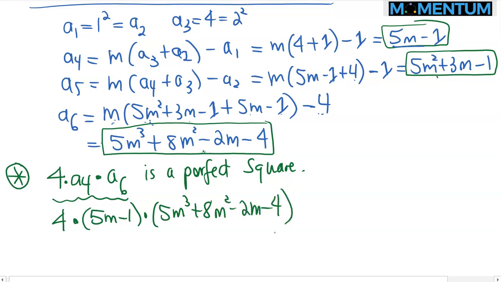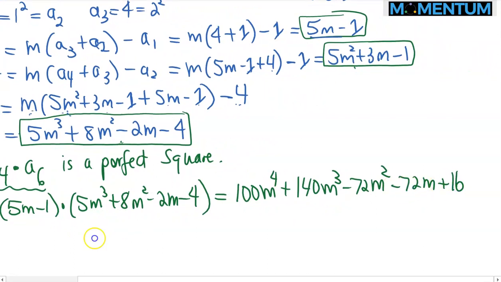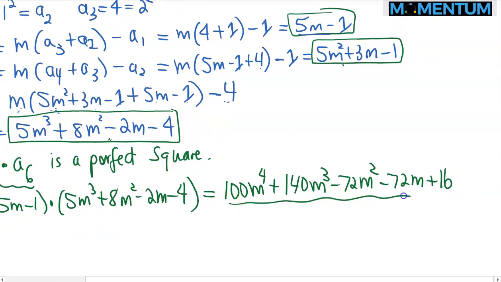And indeed, if you expand it out, don't be lazy, do it. 100m to the 4 plus 140m cubed minus 72m squared, I hope I didn't mess up my calculations here, minus 72m plus 16. So that's what comes out. And this expression is supposed to be a perfect square. Perfect square, right?